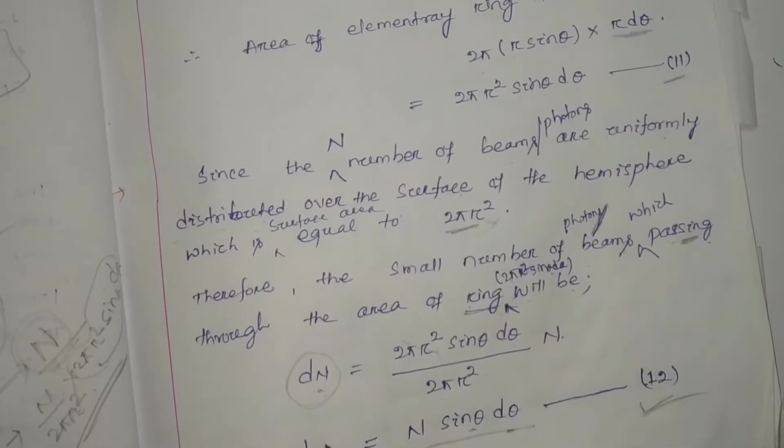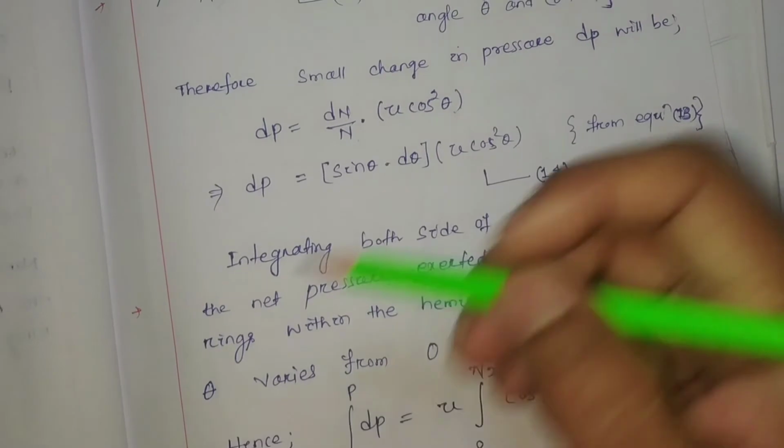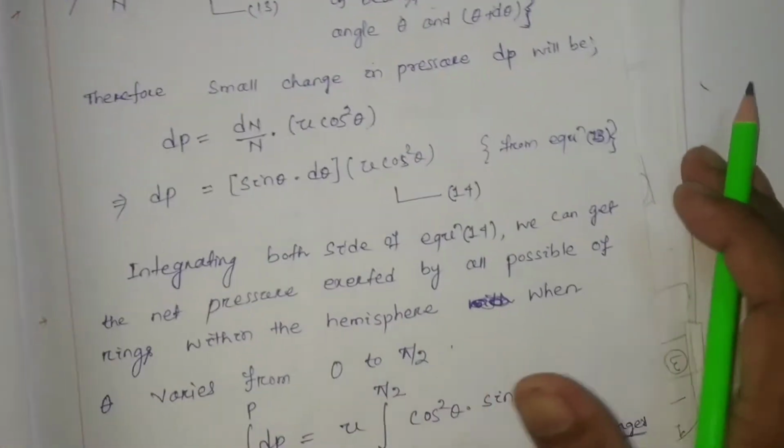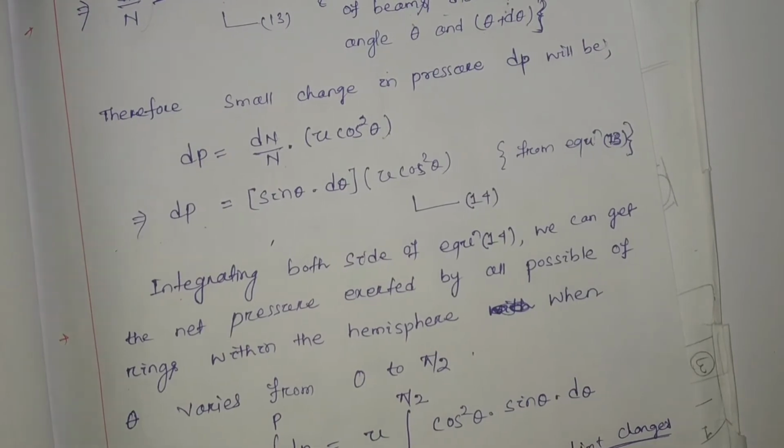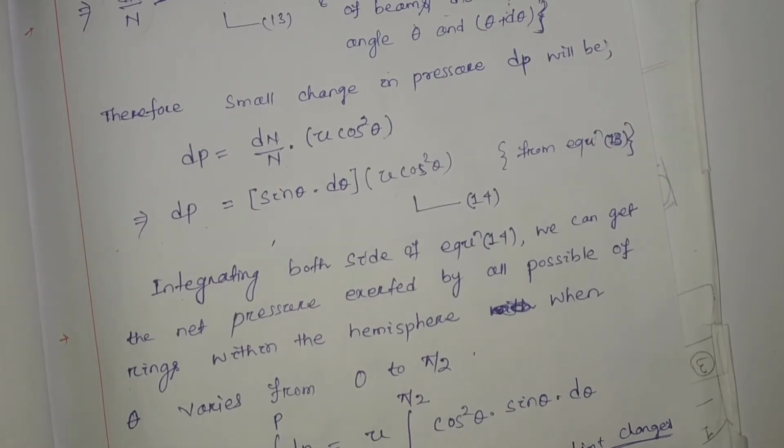That is your dn. Okay, so here if we consider dn photons or beams passing through, then what will be the change in pressure?